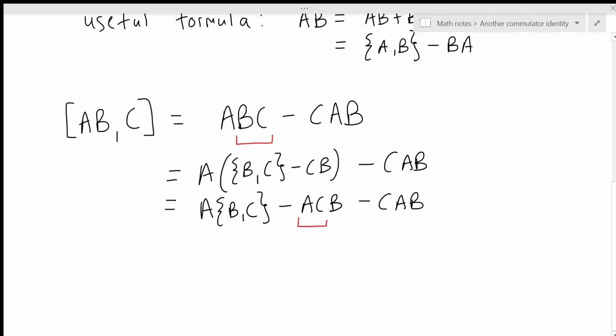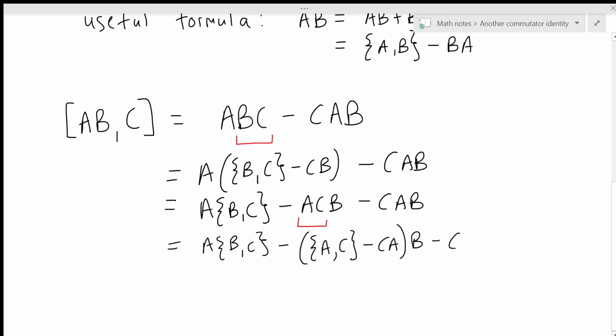So we rewrite this as A anti-commutator of B with C minus the anti-commutator of A with C minus CA, all times B minus CAB.